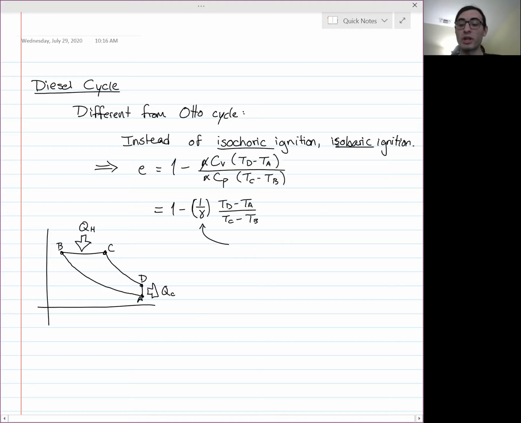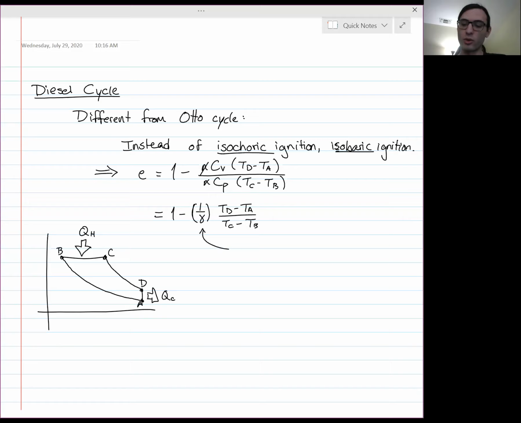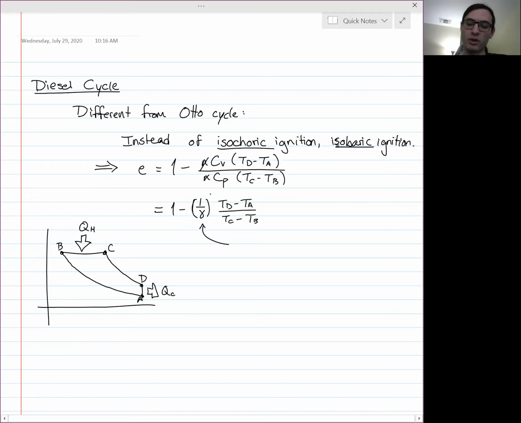So the point here is that this is identical to the Otto cycle's efficiency formula, except whereas the Otto cycle had just 1 minus this ratio, the diesel cycle has a 1 over gamma in front of that ratio.